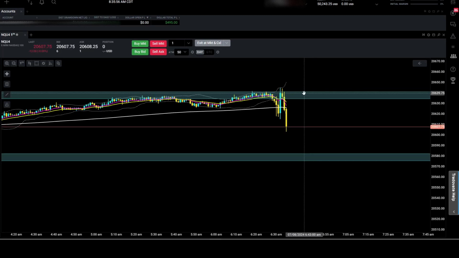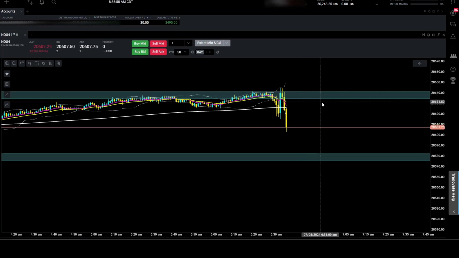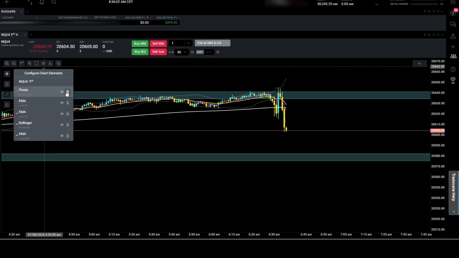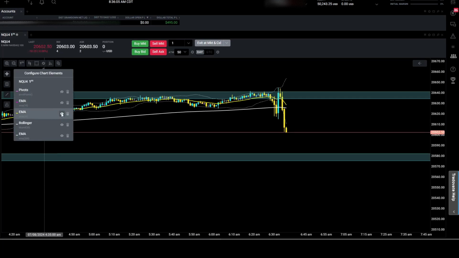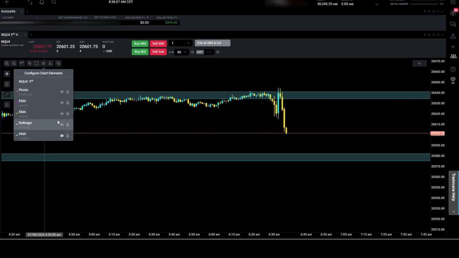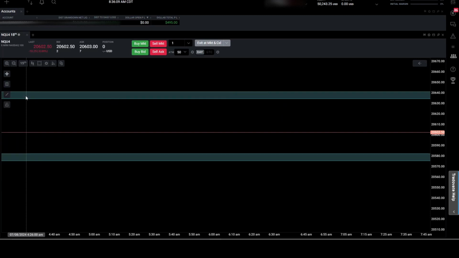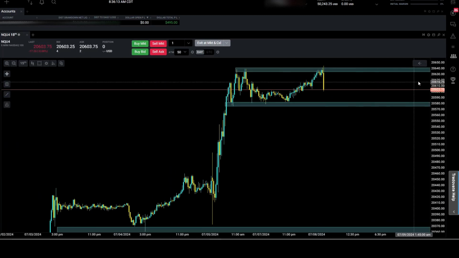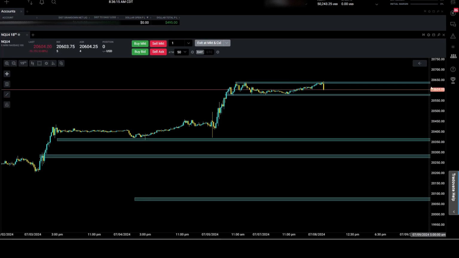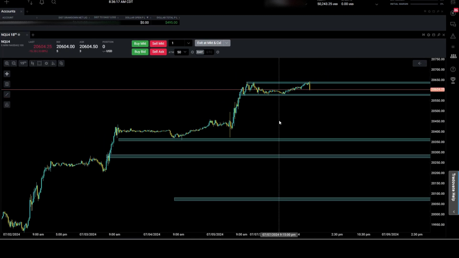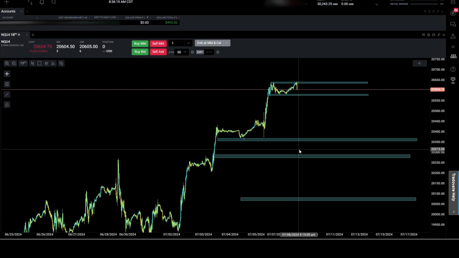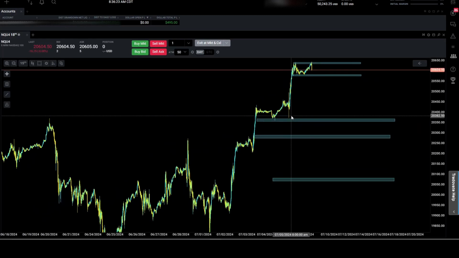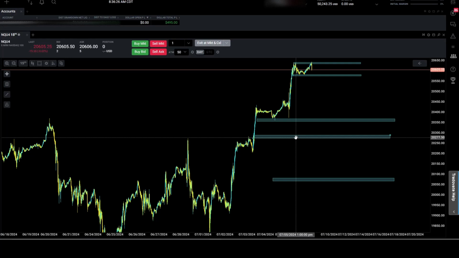These green zones I marked up during the pre-market real quick. All I did, I'll hide my indicators here real quick, and I just go to the 15-minute chart, mark up some zones where we've had some support and resistance, some flips, just a few major zones.